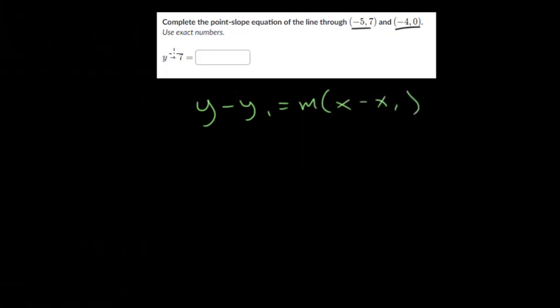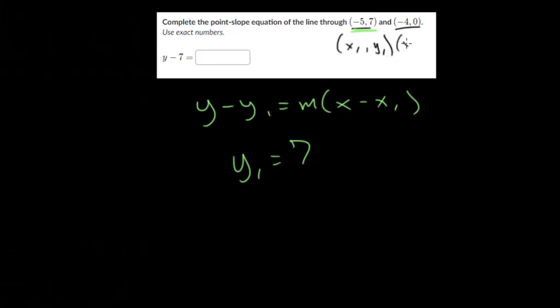And so notice we have y minus 7. And since we're subtracting 7 and in the formula we're subtracting y1, y1 and 7 are equal. And so that means we're using this point right here. So that tells us that x1 is minus 5 and y1 is 7.